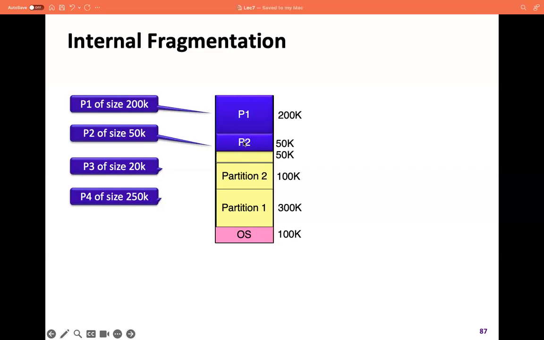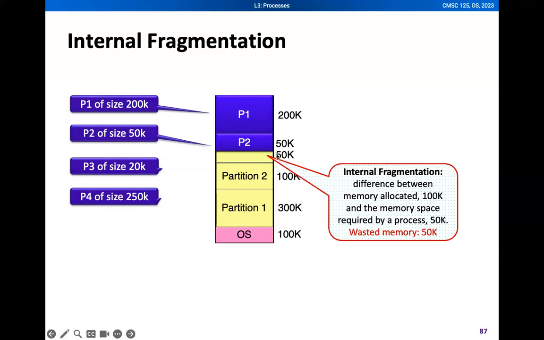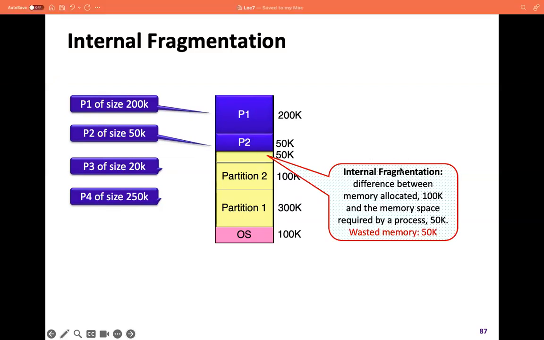So in this case, what was allocated for P2 was the whole 100K when P2 only needs 50K. So what happens is there is an internal fragmentation. We have a wasted memory of 50K. Since P2 occupies this whole partition, no other process can use it.